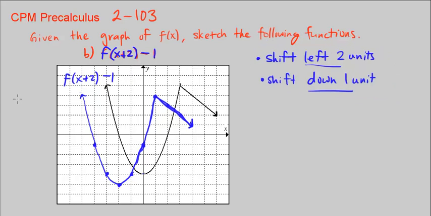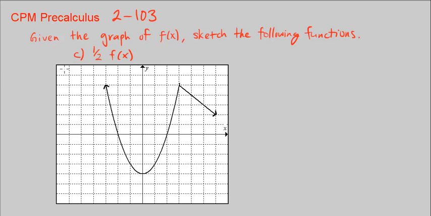All right, finally, let's go on to part C. Part C, we're asked to graph 1/2 f of x. Okay, and we know that anytime we multiply our function by some constant in front, it's going to be a vertical stretch or shrink. And because it's less than 1, right?